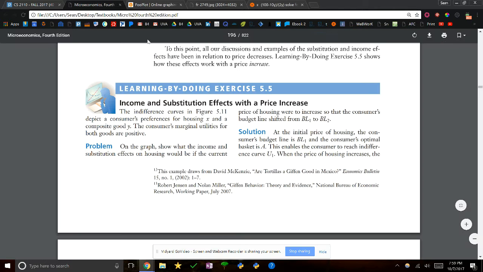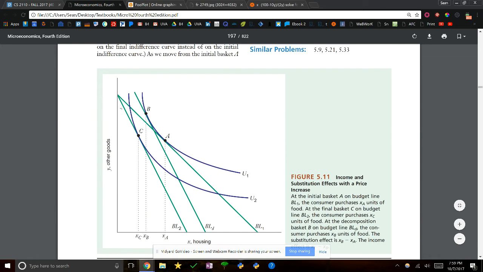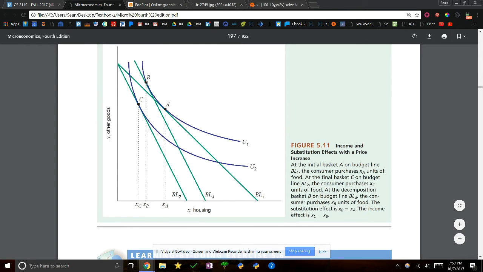So the next problem here asks what happens if we do all this, but with a price increase instead of a decrease. So with this one, we have this initial budget line here, B1, and then that shifts down to B2 on the x-axis. And then we're going to shift this slope back to here.